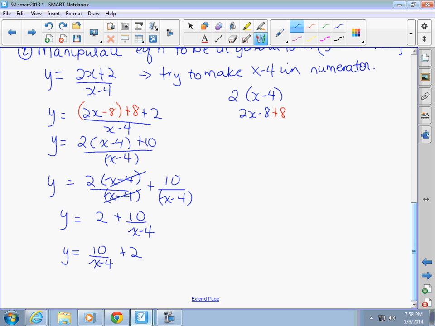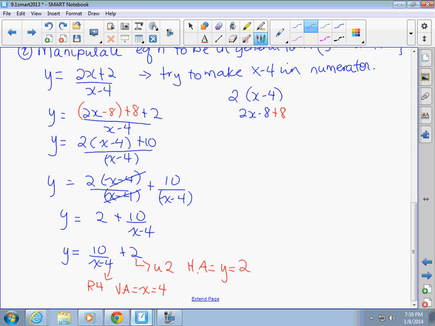So this tells me how I'm going to move my graph. My transformation would be moving it right 4 and up 2. This is also telling me that my vertical asymptote is at x is equal to 4, because x is equal to h, and my horizontal asymptote is at y is equal to k, so y is equal to 2.